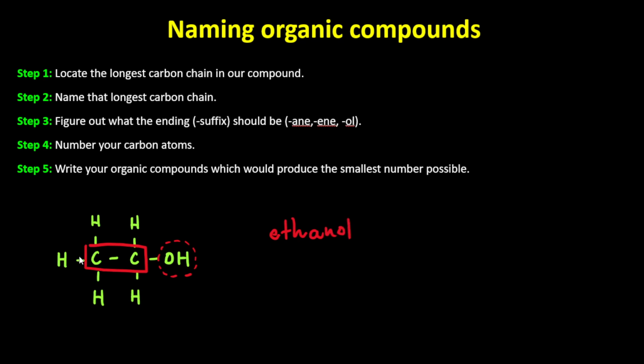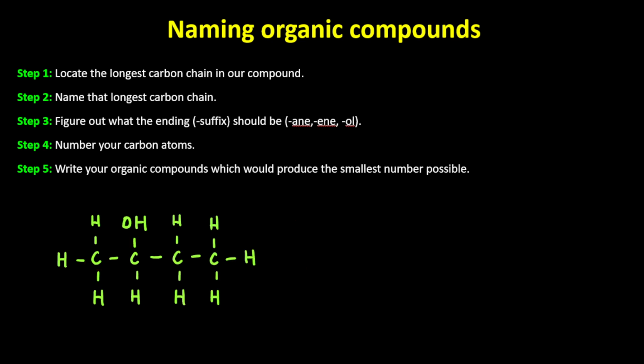But notice here that you do not need to write ethan-1-ol or ethan-2-ol, because no matter which side you count from, 1, 2 or 1, 2, it is still going to produce the same number. So that's why it is just going to be ethanol.